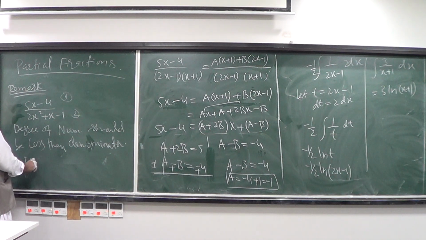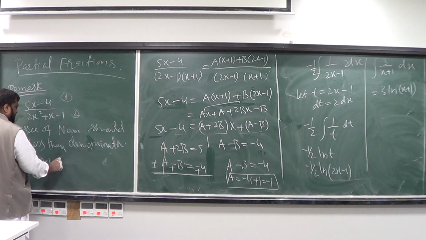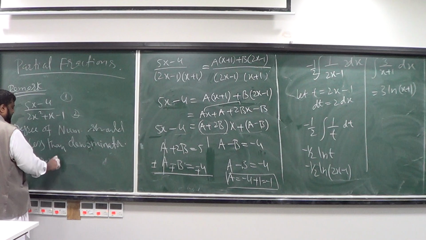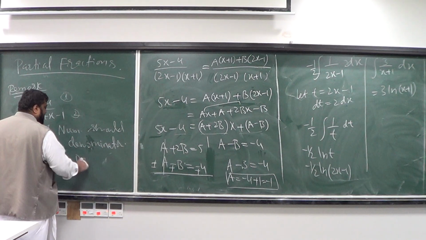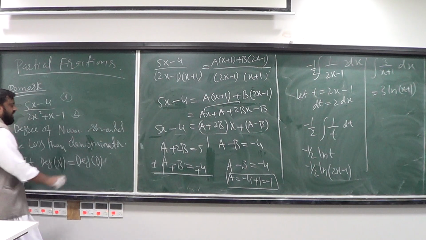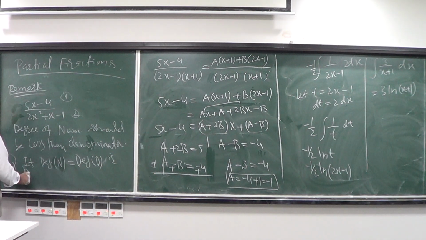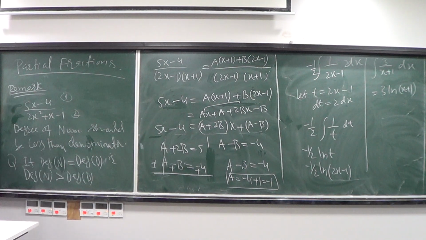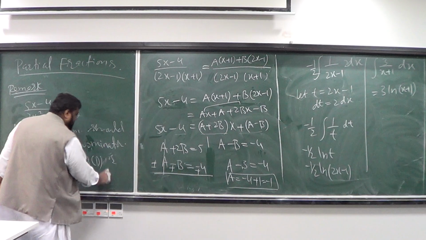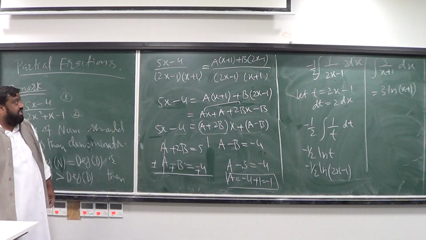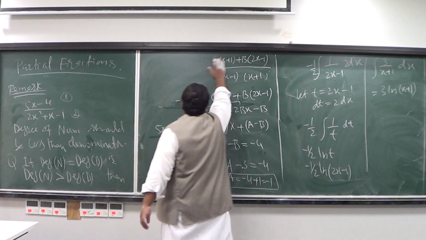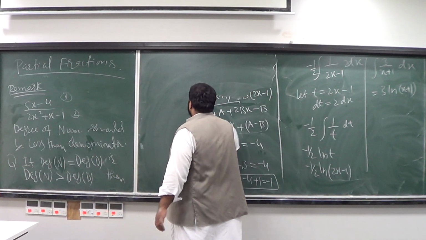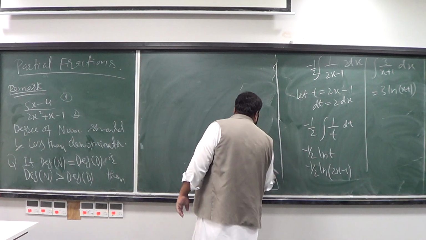So you have two situations. If the degree of the numerator is equal to the degree of the denominator, or the degree of the numerator is bigger than the degree of the denominator, in both situations, simplify the fraction by doing long division.